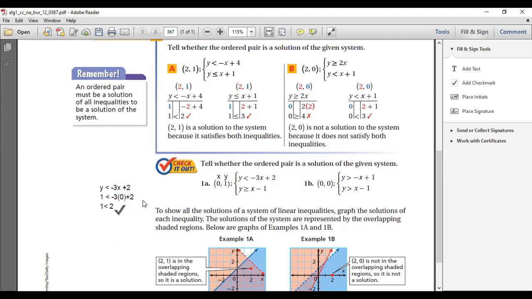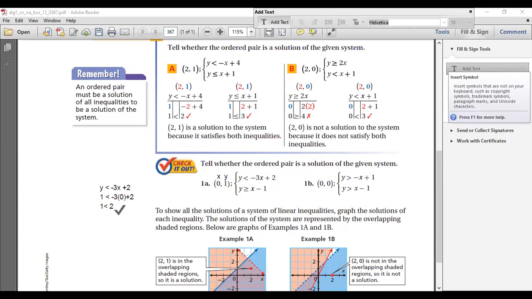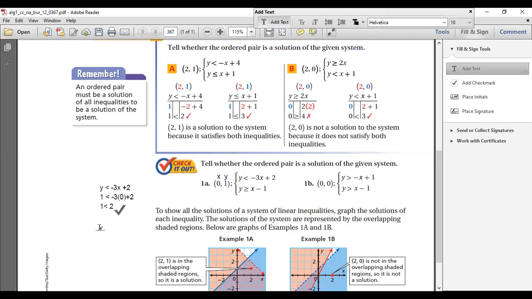Let's check now. I have told you if for the first one it's okay, go and check the next one. So for the next one, it is y is greater than or equal to... Okay, so the next inequality says y is greater than x minus 1.